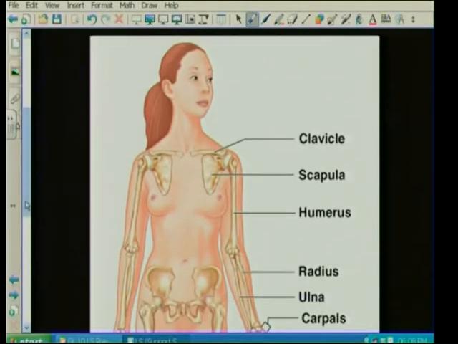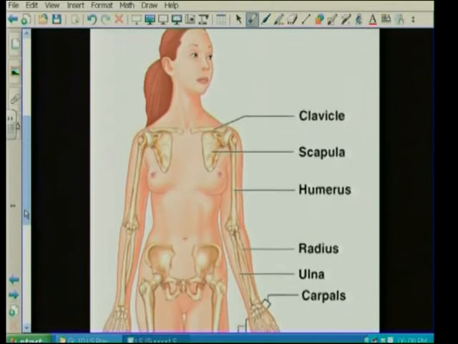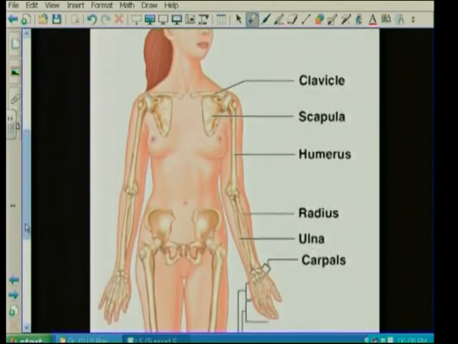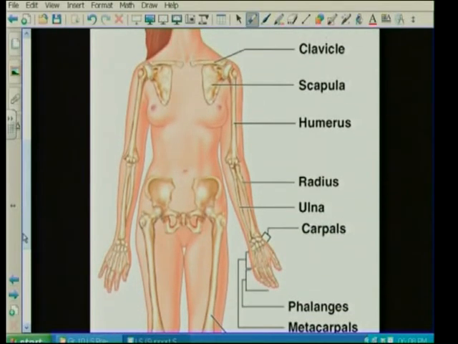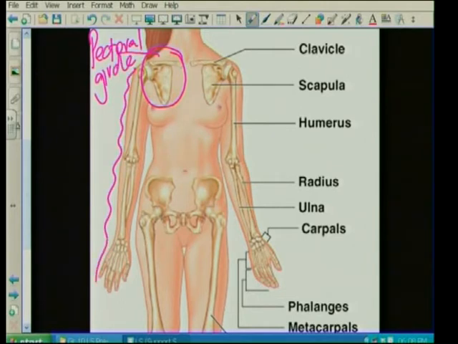Now we're going to the appendicular skeleton. And close your eyes, it's another female. The appendicular skeleton, very interesting, works with 2 parts. That part, which is known as the pectoral girdle, and this part here, obviously, by now you should know, that is the upper limb.